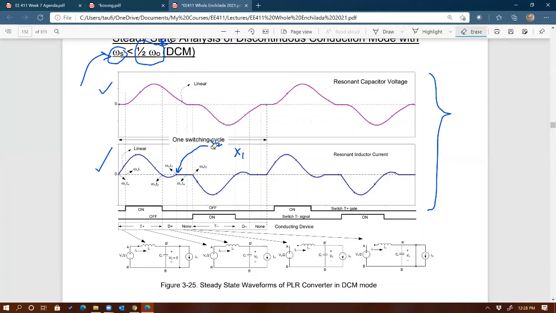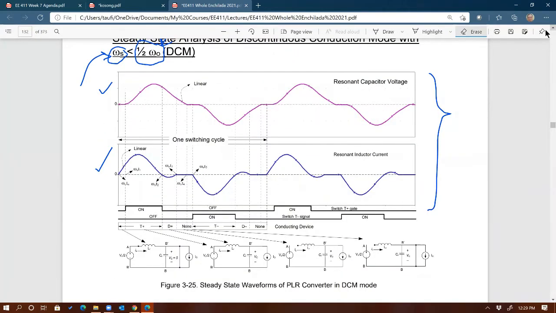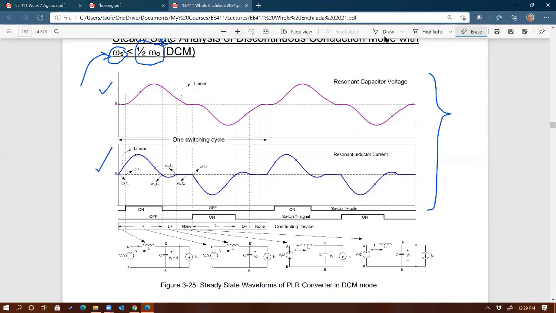Let me erase this so you can see that. Question: what did you mean by the single waveform versus the two waveforms, because it looks like it's still switching from the switch to the diode? The reason is that it can only be explained from the state of the circuit.